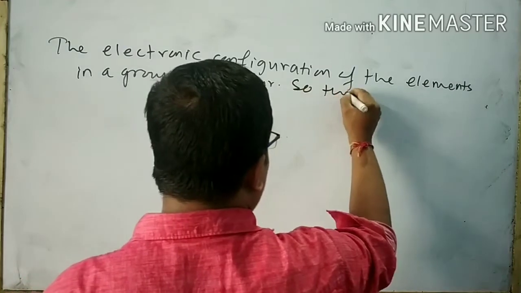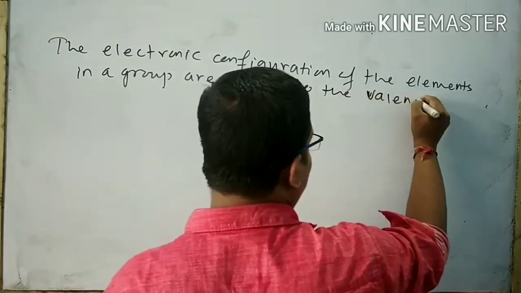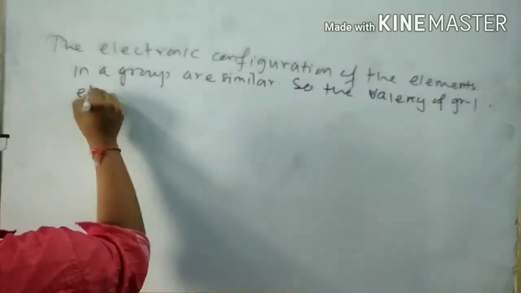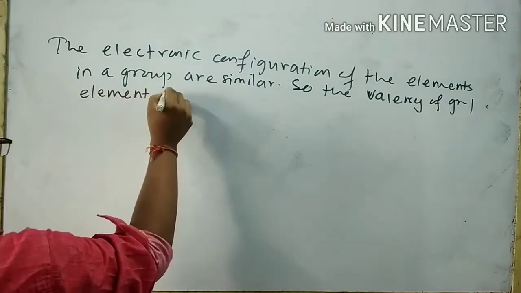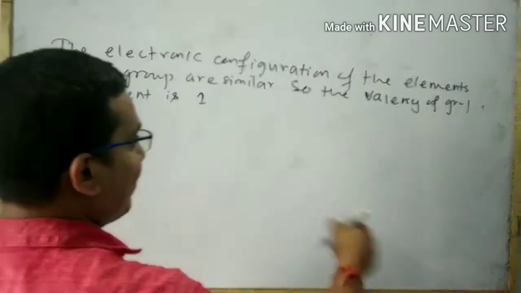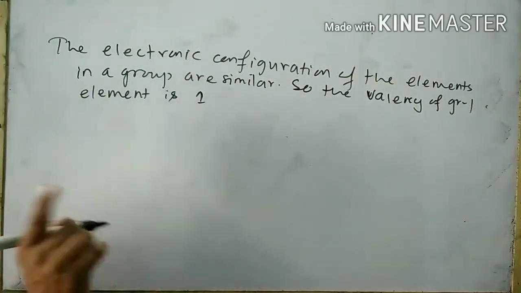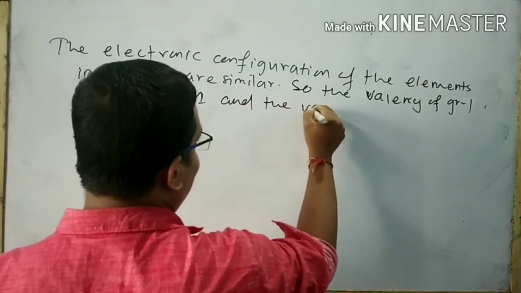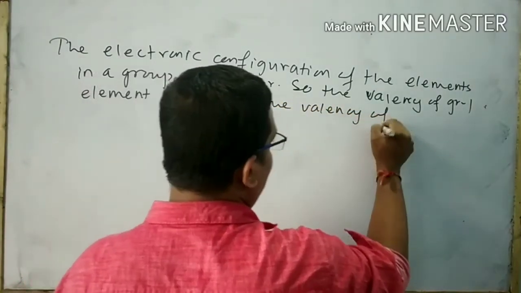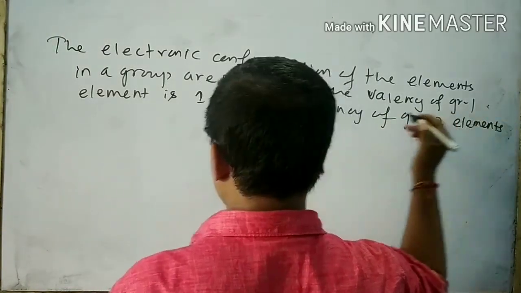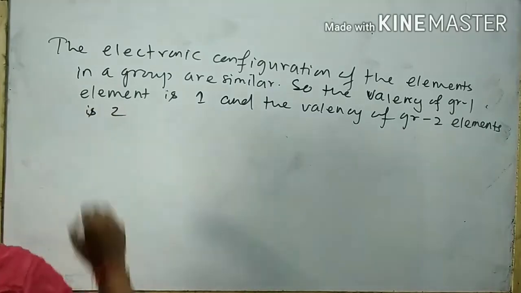So the valency of group 1 elements is 1. That means every element of group 1 has valency 1. And the valency of group 2 elements is 2.